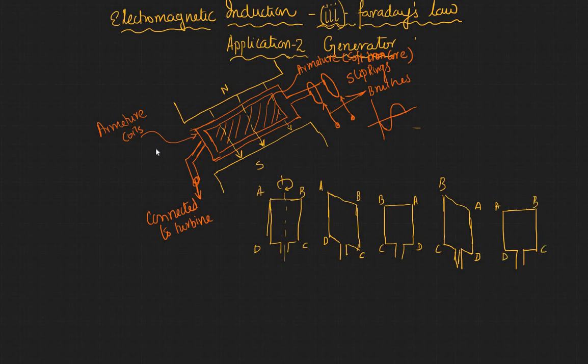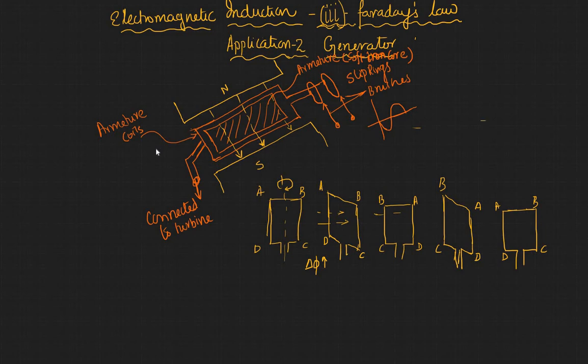As you can see, as this coil is rotating, the flux lines linked would be increasing, because there's more open face through which the flux lines can go through. Here the area is almost in line with the flux lines, so almost no flux line passes through the area, because it is not perpendicular.